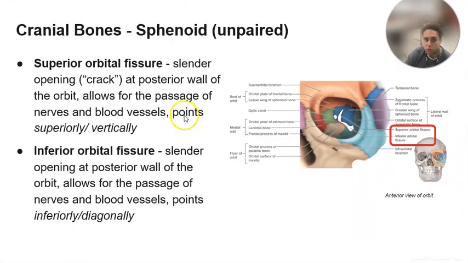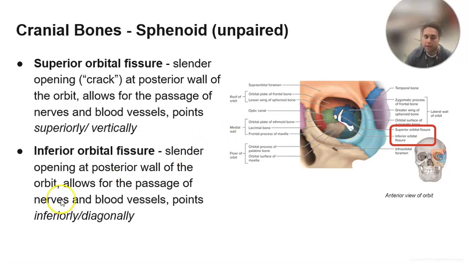And those fissures are, again, like a crack. It's found in the posterior wall of the orbit, and this allows for the passage of nerves and blood vessels. Since this one is superior, it would point superior and more vertical. But this one is more diagonal and more inferior, but it has the same function.